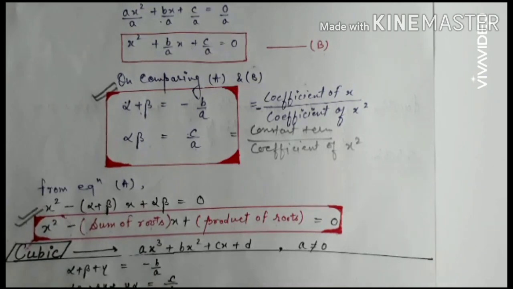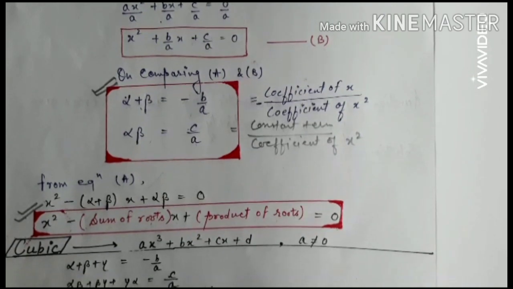The sum is minus b upon a, the sum of the products of roots taken two at a time, alpha beta plus beta gamma plus gamma alpha, is c upon a, and the product of the roots, alpha beta gamma, is minus d upon a.